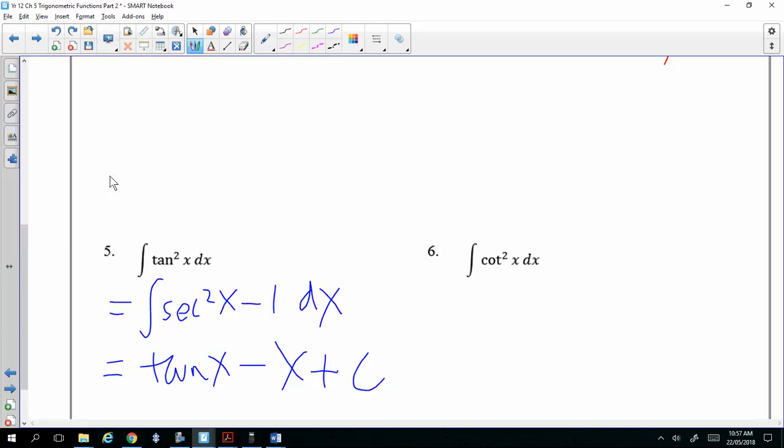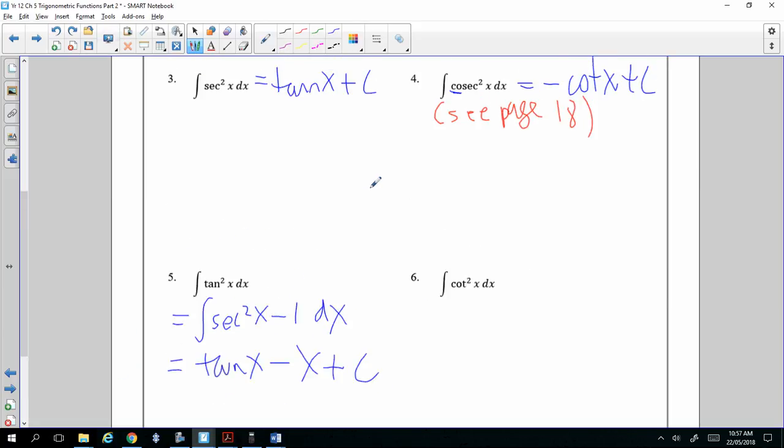Actually, cot square is, what's cot square? Cot square is cosec square x minus 1 dx, and we just did cosec square, that's equal to negative cot. So we write negative cot x minus x plus c. Yeah. Alright, good. And turn over to next page, you'll get more integral.